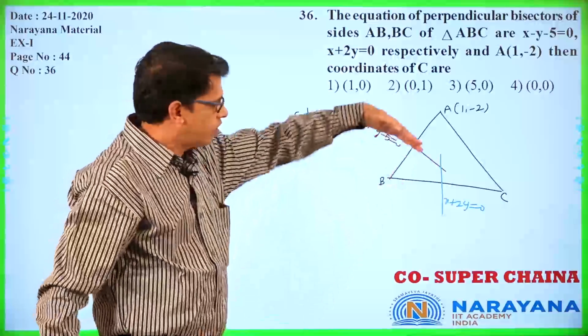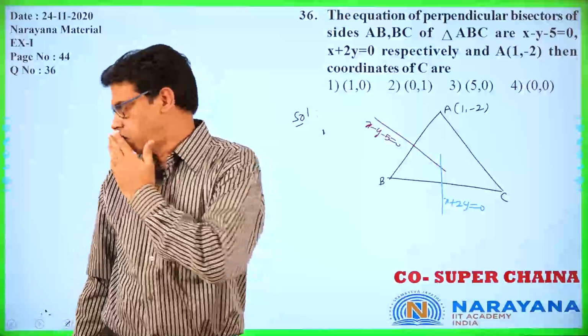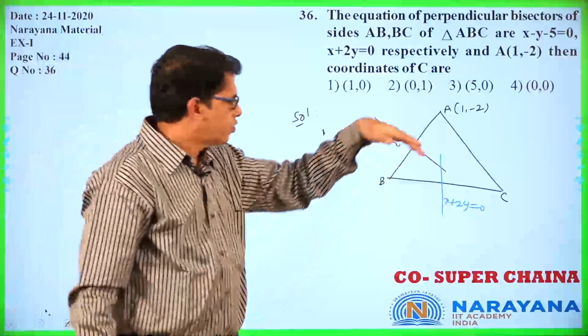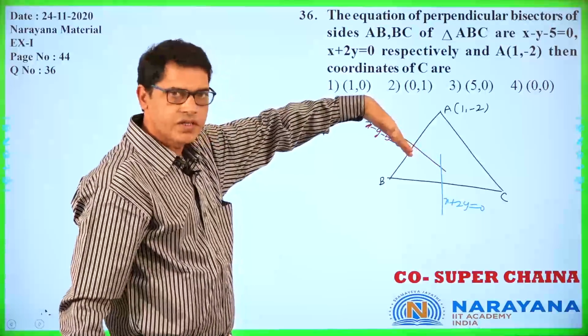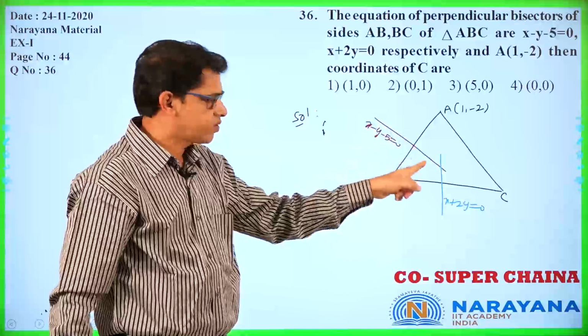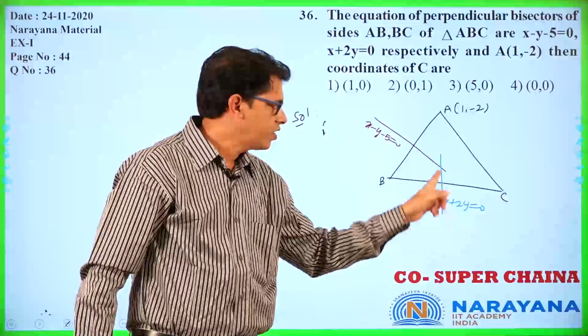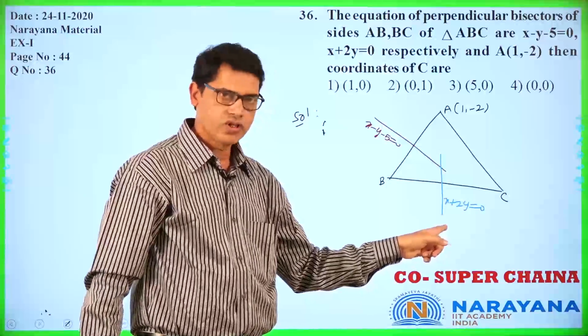To find B, the red line is the mirror. To find C, the blue line is the mirror line.